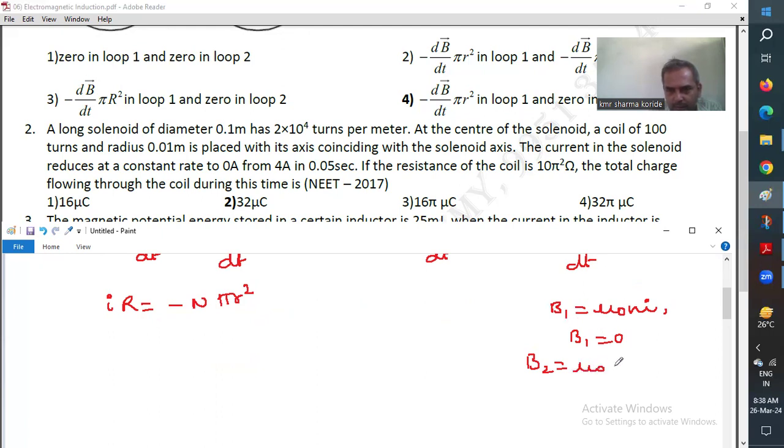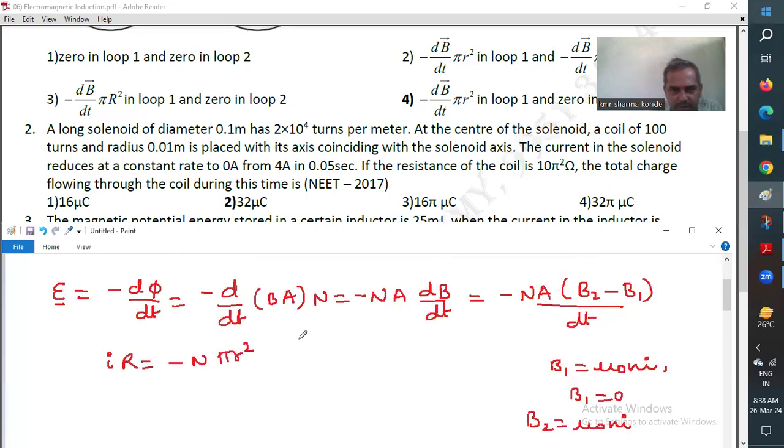Now mu naught n i, so number of turns per length. So here, B2 will continue in the equation, then divided by dt. Let us write minus N pi r square.